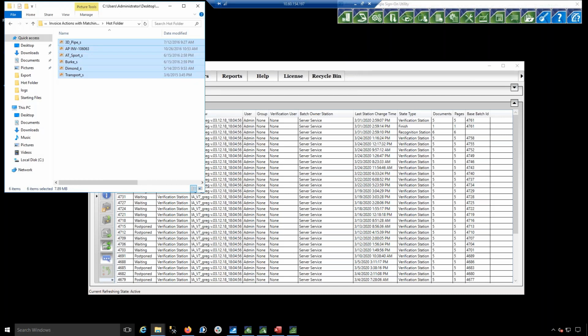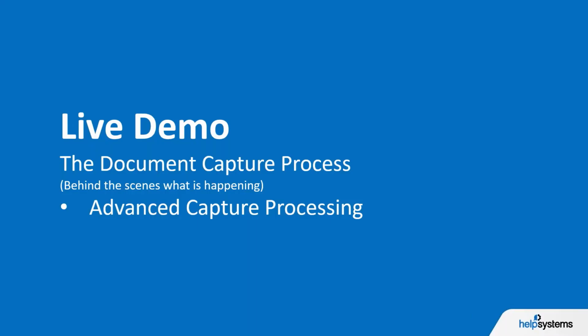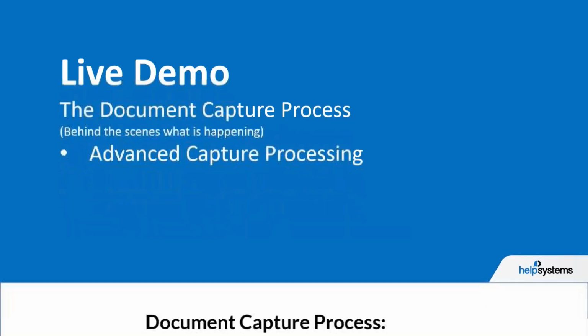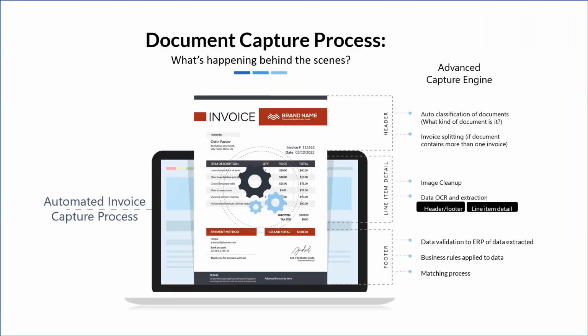As these documents are being processed, they'll be picked up here, and then the system will actually be doing that classification and full data extraction of these documents as they go through the cycle inside the system. Now, what I'm going to be covering now is sort of what's happening behind the scenes as those documents are being captured. When these documents are being captured, the first thing it's going through the individual stations on the back end to be able to do auto classification of the document.